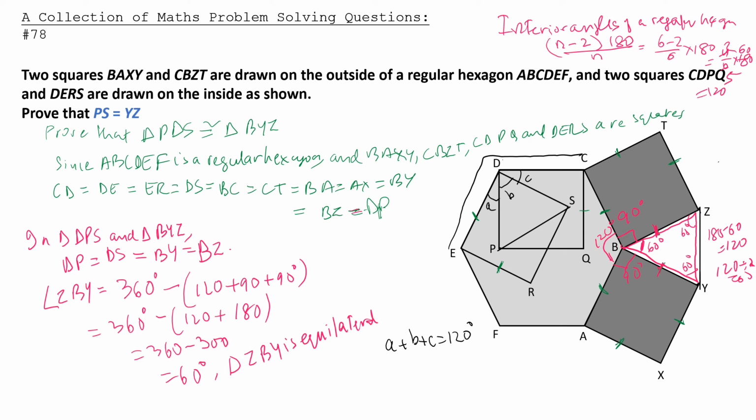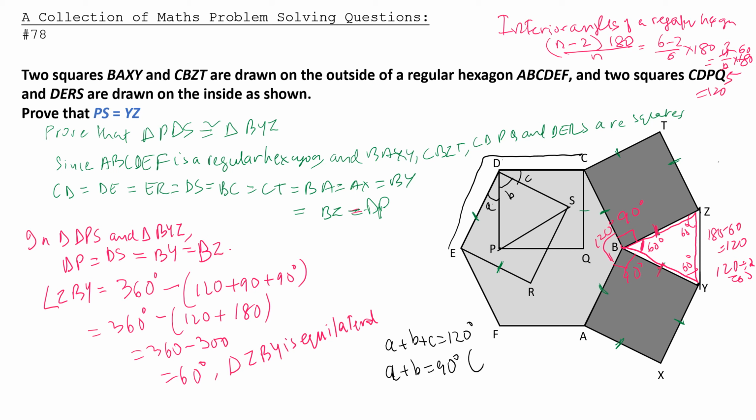And also we can write that angle A plus angle B is 90 degrees. So A plus B equals 90 degrees.